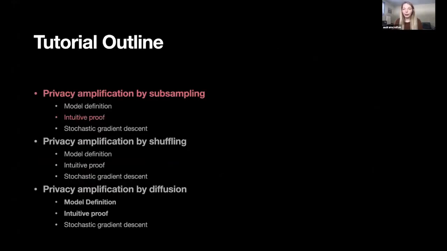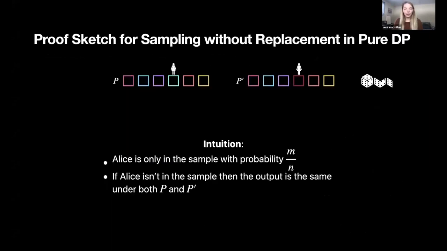Let's talk a little bit about why this amplifies privacy. I have my two data sets, P and P prime, and now I have Alice. Alice's data is different in P than in P prime. She's the distinguishing feature. The intuition is Alice is only in the sample with probability m over n. I'm going to do the proof for sampling without replacement and in pure differential privacy, which is just when delta is 0.